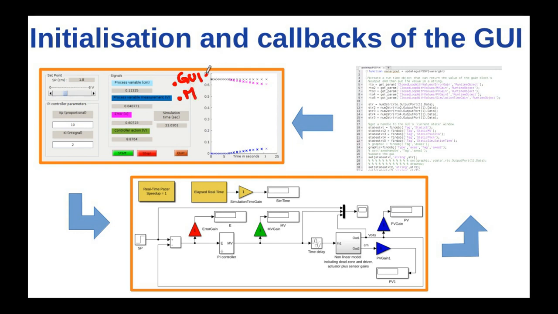In the graphical user interface, we have the properties, and in the M file associated with it, we have the actions that these elements will do in the MATLAB environment. For this example, all the actions that this graphical user interface will do on the simulation model.